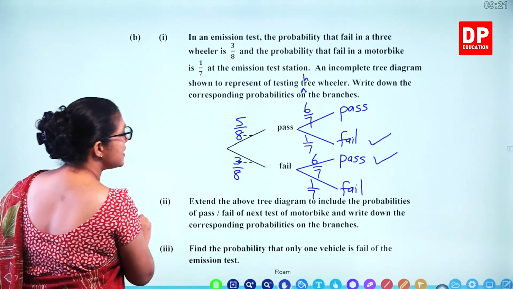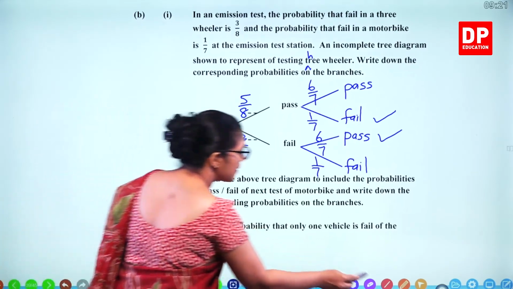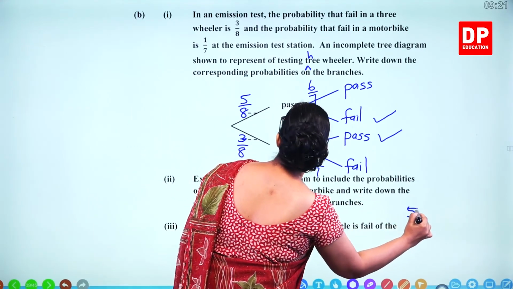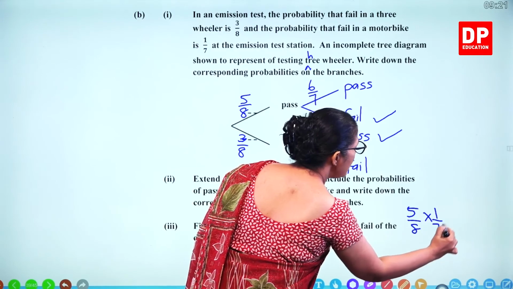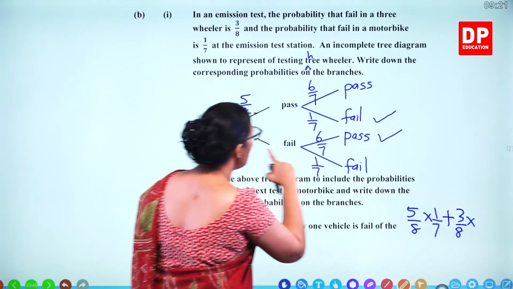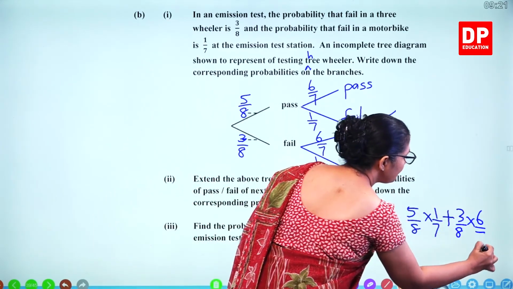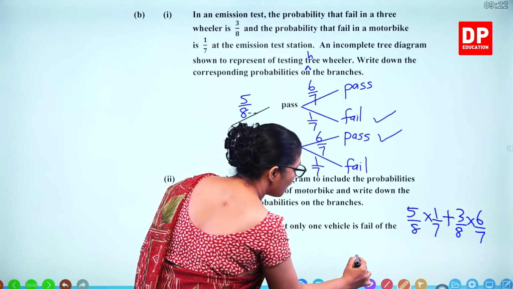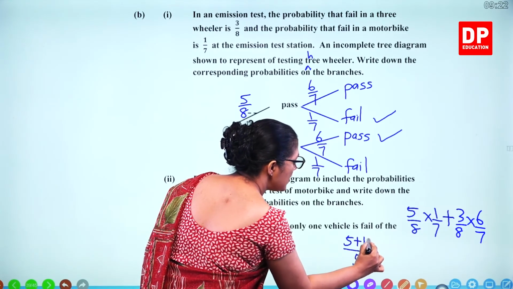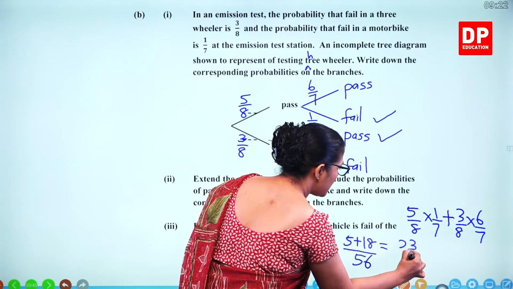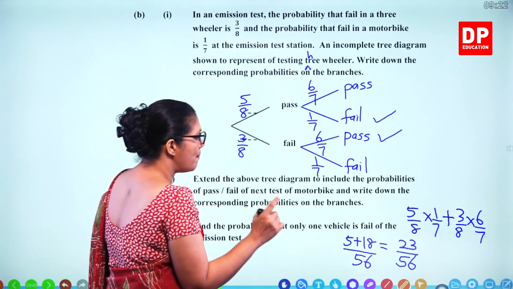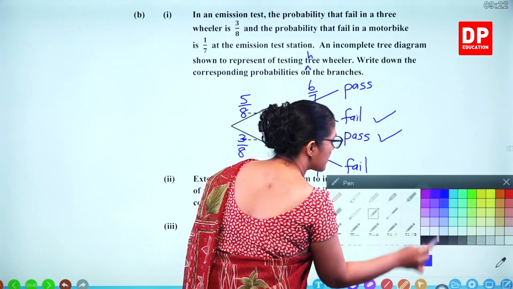What is the probability? 1 passing, so 5/8 times 1/7, or 3/8 times 6/7. So what's the value? 8 times 7, 56. 5 plus 6 times 3, 18. 23/56. So that's the probability of failing 1 test.